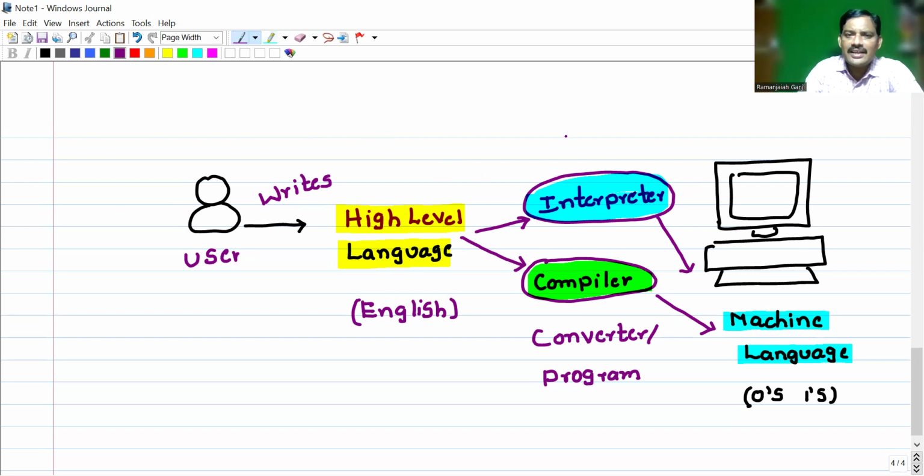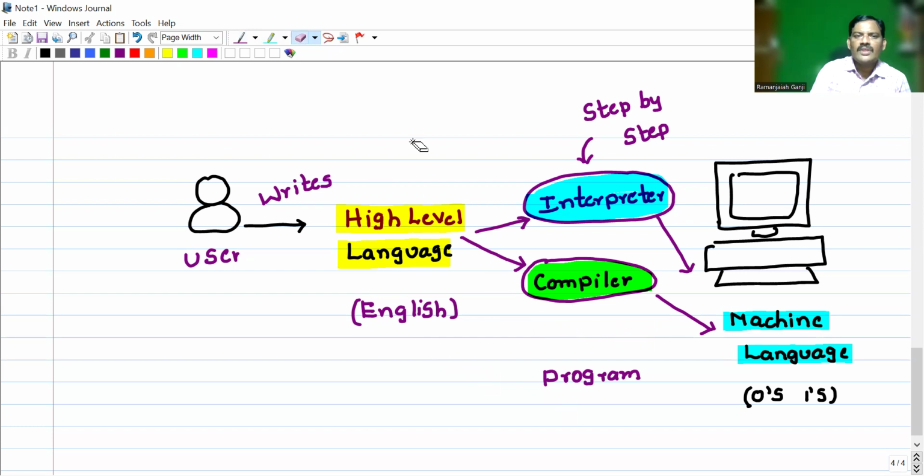But the difference is that an interpreter converts high-level language into machine language in a step-by-step format, whereas a compiler converts the entire program at a time. The compiler converts the total program into machine language at once, whereas the interpreter performs a step-by-step conversion.